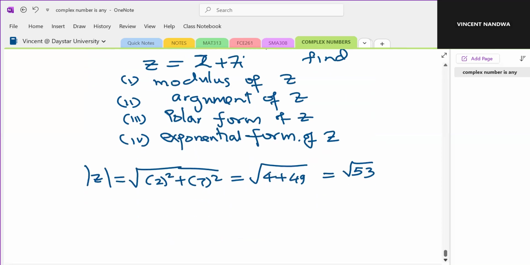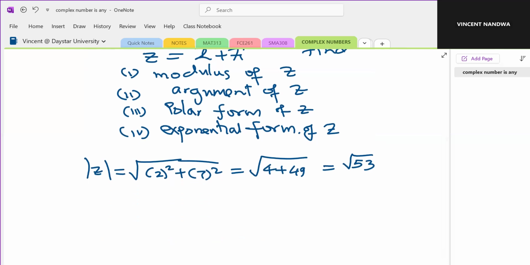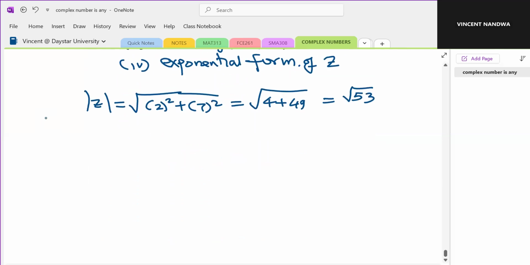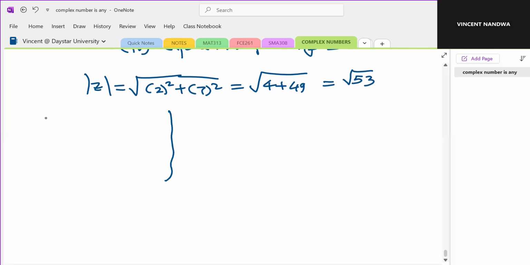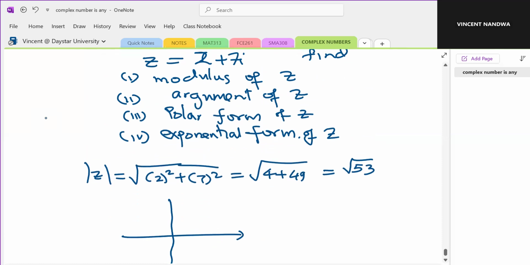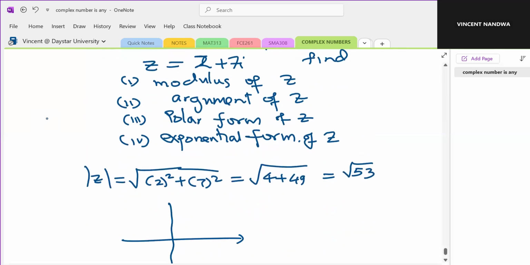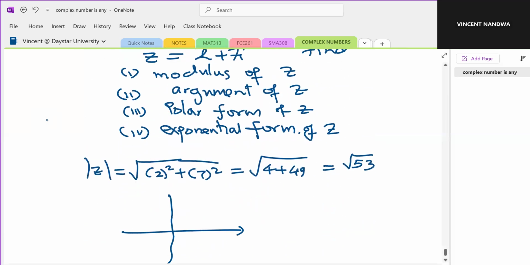Then the argument: you can't find the correct argument before sketching the number to know where it lies. Always remember that the argument depends on where the complex number lies. And this number, because x and y values are both positive, is in the first quadrant. So this way we have our z, which is 2 plus 7i.